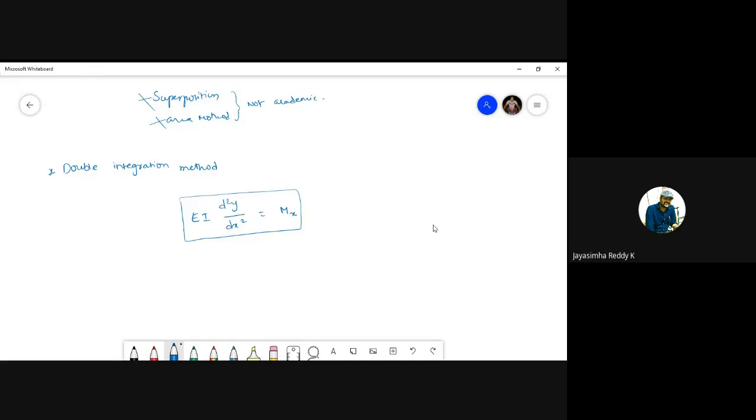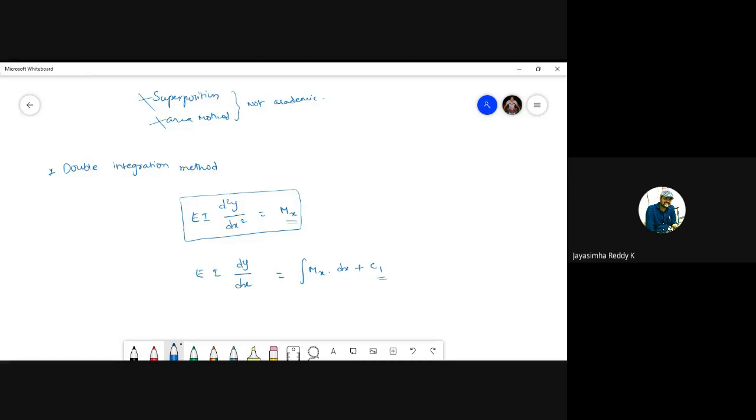If you do single integration, since EI is constant, EI dy by dx is equal to the integral of Mx dx plus C1. So this is the integration of Mx alone. So we'll get it like this. This C1 can be obtained by applying boundary conditions, which we'll see.